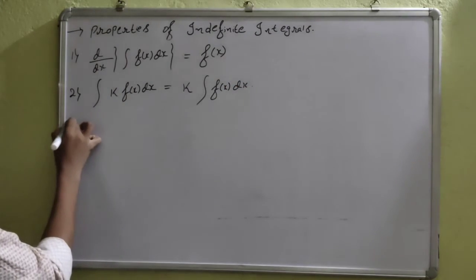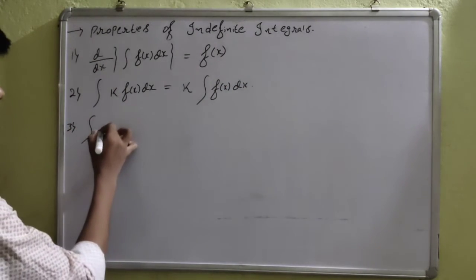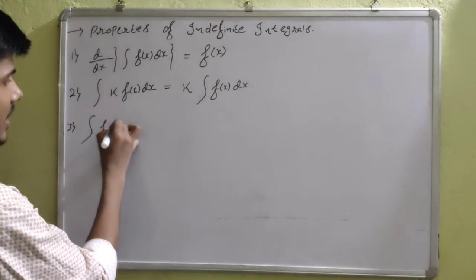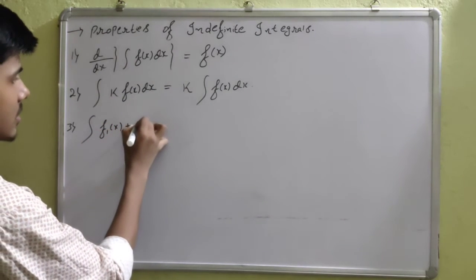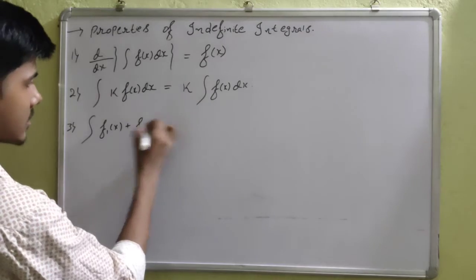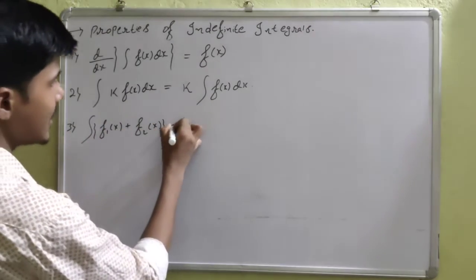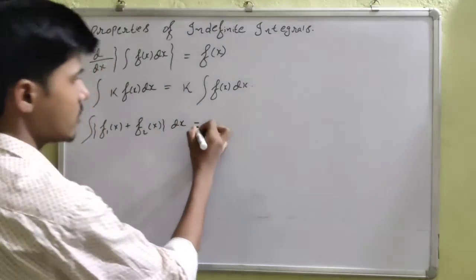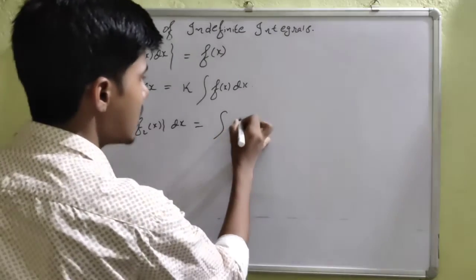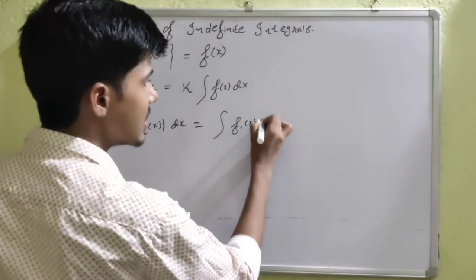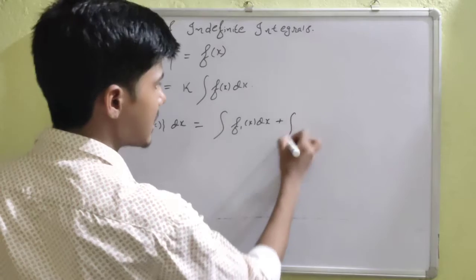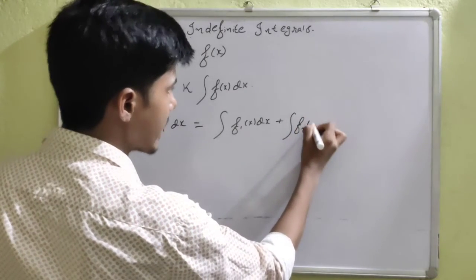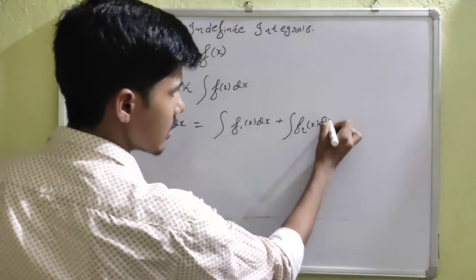The third property is integration of f1 of x plus f2 of x dx is equal to integration of f1 of x dx plus integration of f2 of x dx.